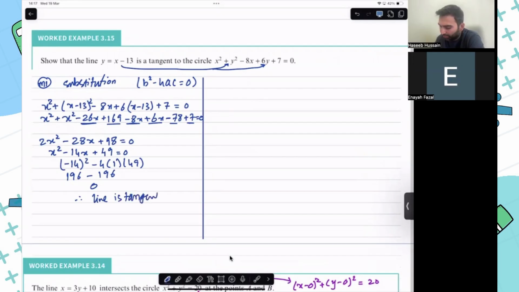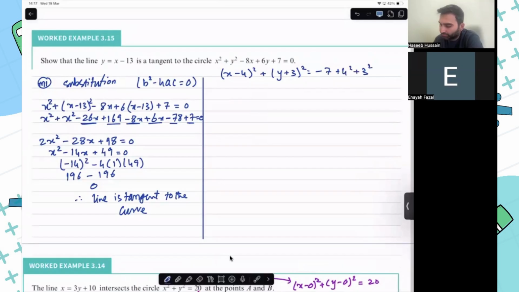And this is the longer method. The smarter way is that you make a circle and find the center and the radius. First we bring it into completed-square form. (x minus 4) whole square plus (y plus 3) whole square is equal to minus 7 plus 4 square plus 3 square.